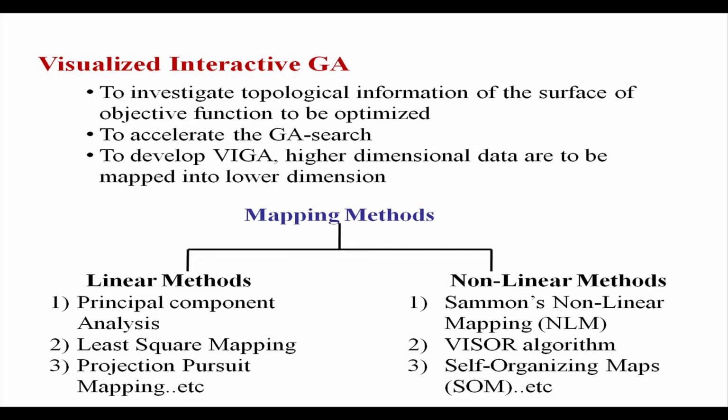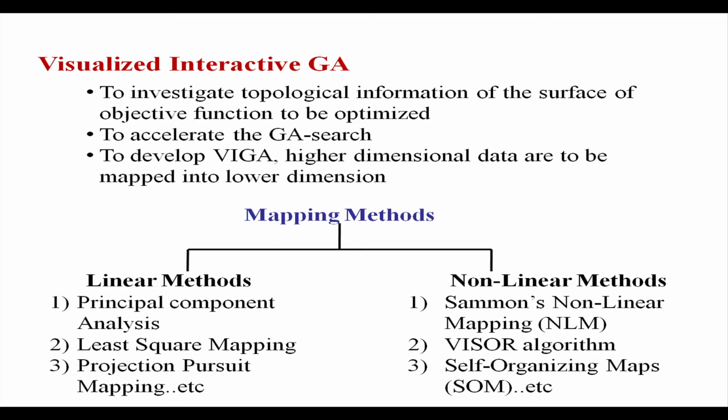Now, let me start with the working principle of some of the nonlinear mapping methods. Before I go for this, let me tell you the purpose, because here we will have to map from higher dimension to the lower dimension, like say from 20 dimension to 3 dimension or 30 dimension to 3 dimension.